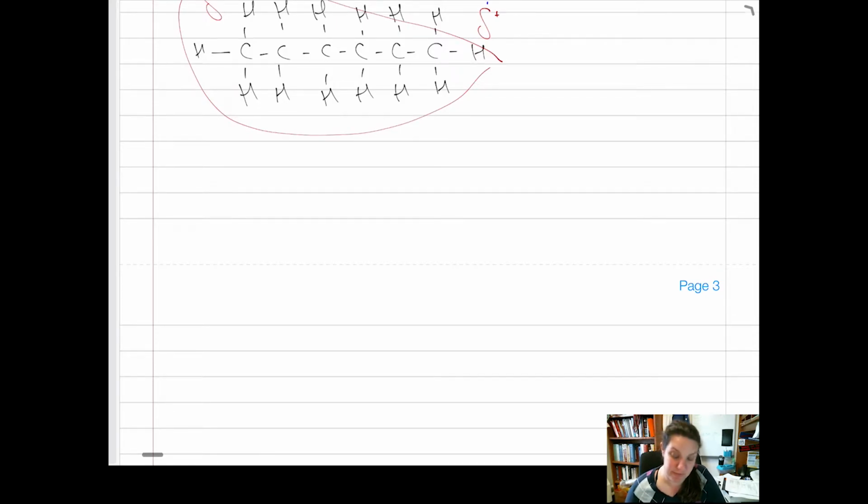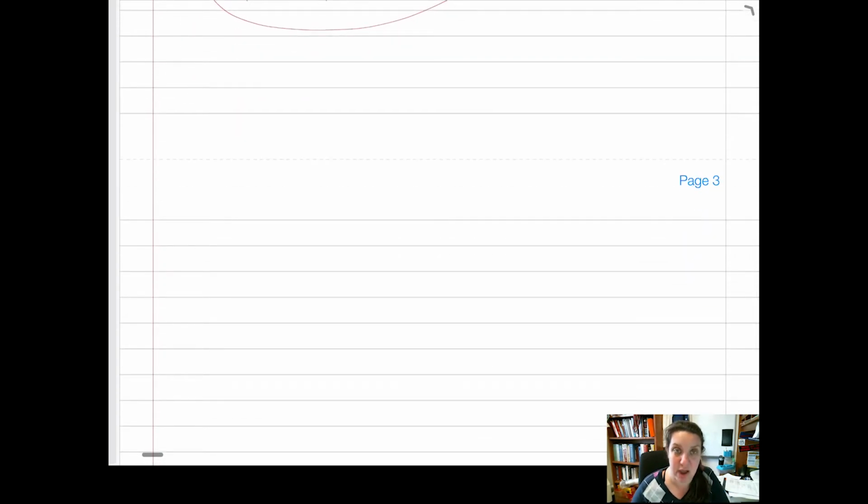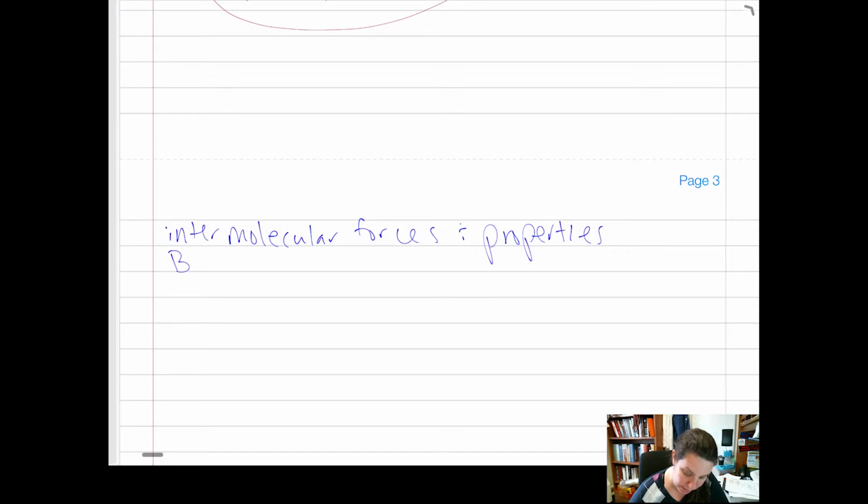So some of the properties you should understand that are affected by intermolecular forces include boiling point and melting point. With stronger intermolecular forces, we're going to have greater boiling points and melting points.